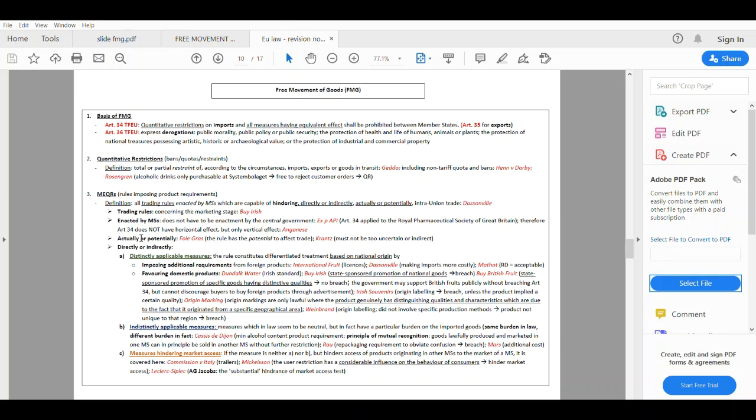Those are protection of the environment, as was seen in the case of Commission versus Denmark, Danish bottles; the improvement of working conditions, as was seen in the case of Webb; the maintenance of press diversity, seen in the case of Familiapress; and also, I've made an error for the third ground, the protection of culture and socio-cultural characteristics.